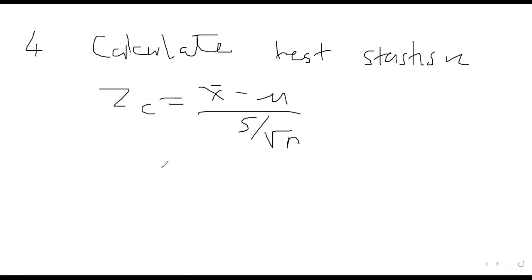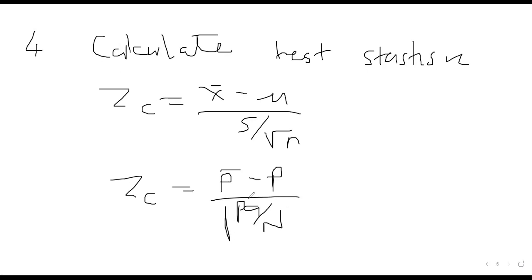If you're dealing with a proportion, Z calculated is P hat minus the population proportion over the square root of PQ over N. So we only use Z when we're dealing with samples greater than 30.